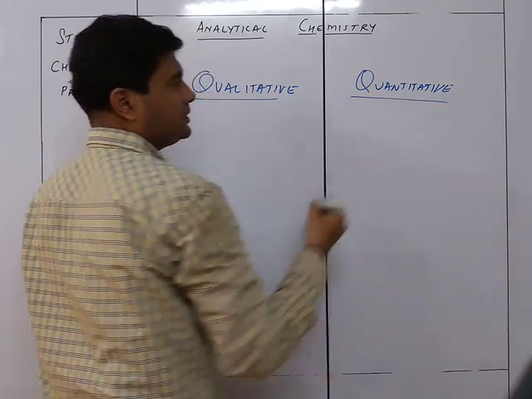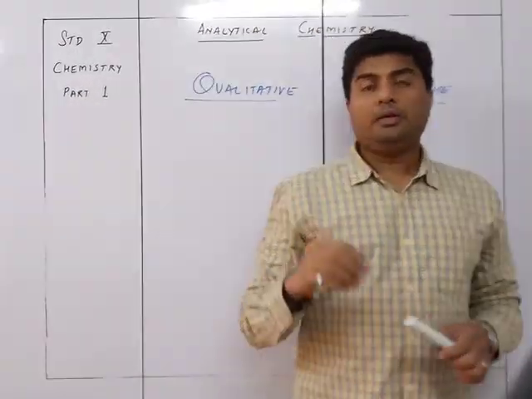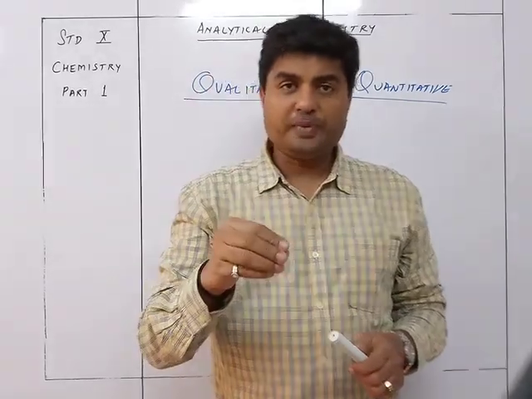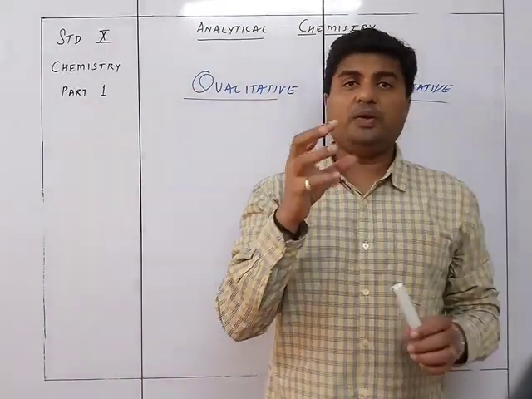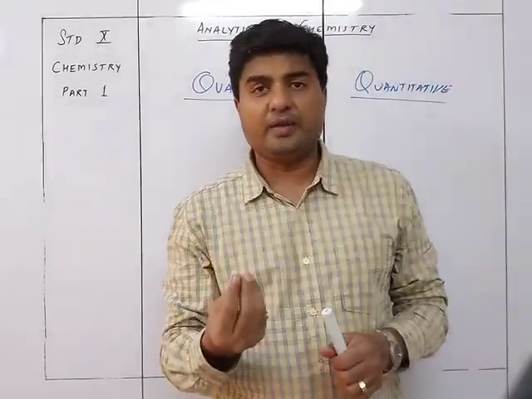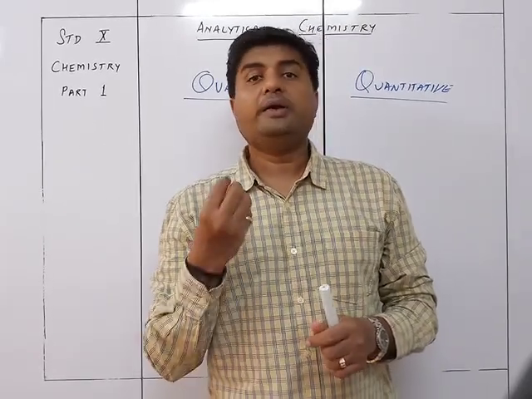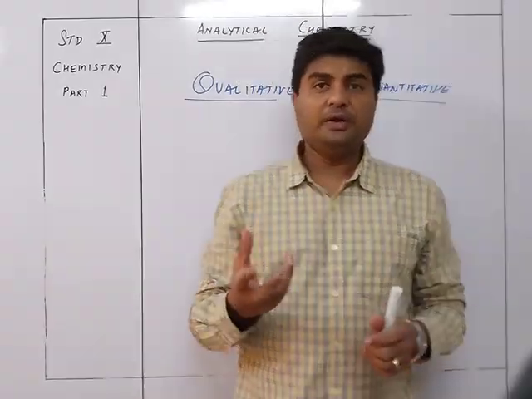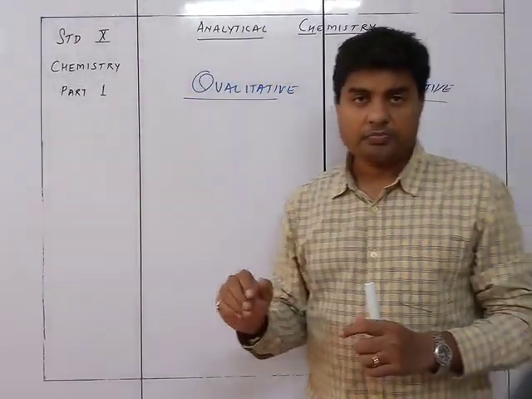Qualitative means that you are talking about the anions present, cations present, what is the color. So when you are talking about the different kinds of constituents of that element, say if you are trying to find out what the constituents of the element are, then what we are doing is qualitative analysis.